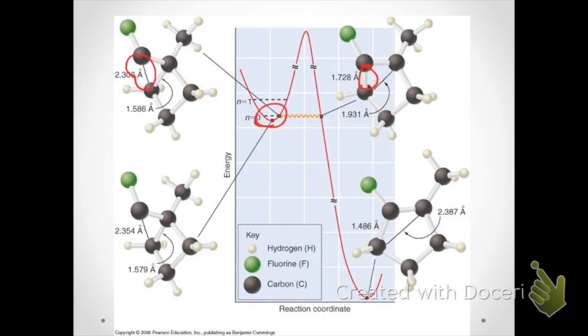And here we'll see that there's a situation where we've got a bond formed right here that opens up the ring. This bond breaks, this bond forms, opens the ring to get the five-membered ring. And again, there is a barrier that has to be surmounted classically to get from the four-membered ring to the five-membered ring.